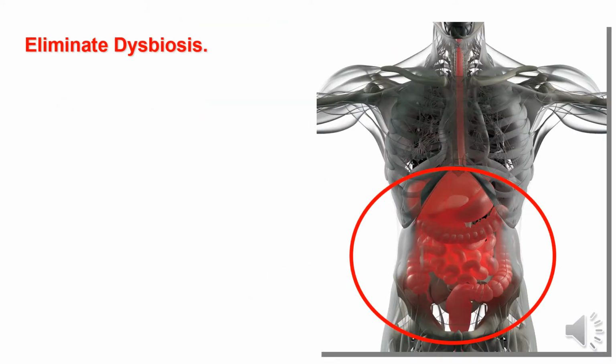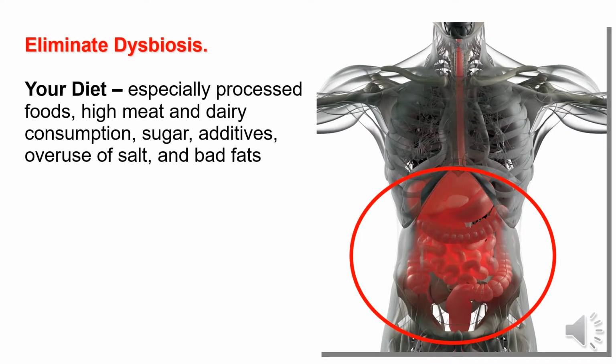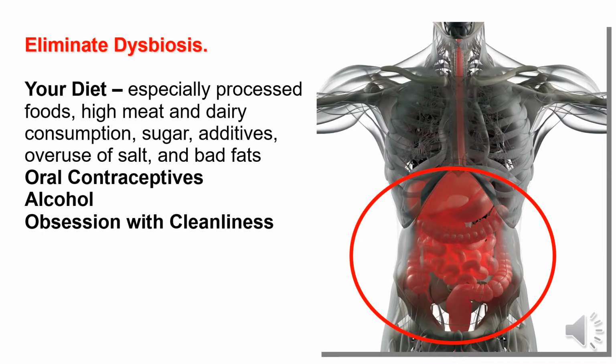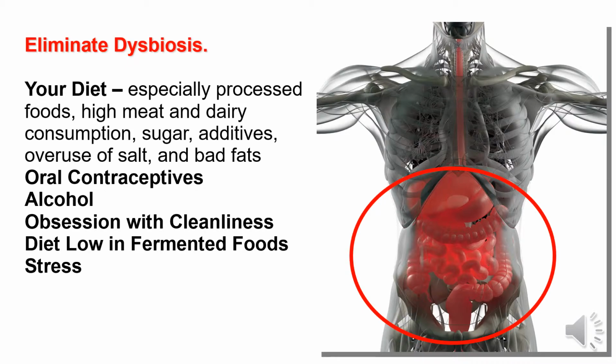Additionally, there are other factors that cause this dysbiosis of your microbiome. They are, but not limited to, your diet, especially processed foods, high meat and dairy consumption, sugar, additives, overuse of salt and bad fats, oral contraceptives, alcohol, obsession with cleanliness, diet low in fermented foods, and stress.